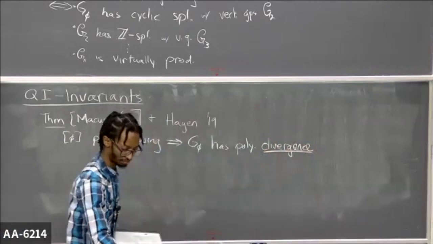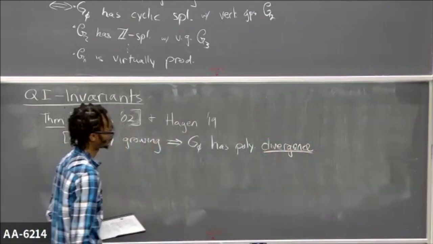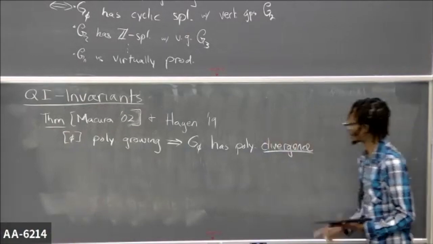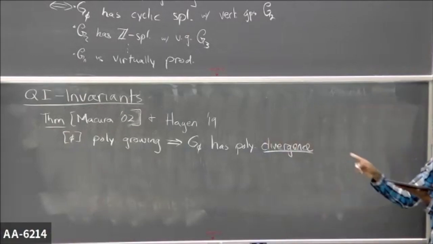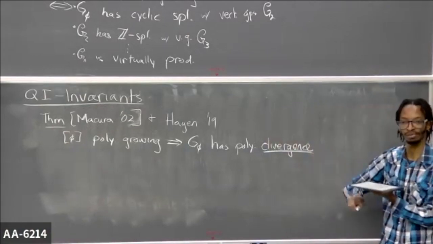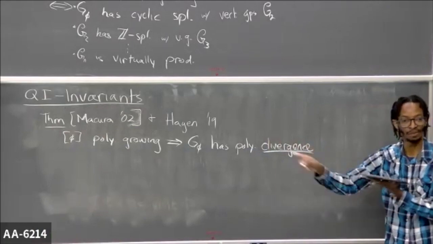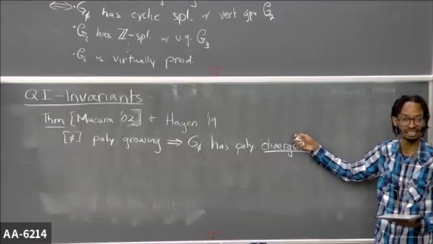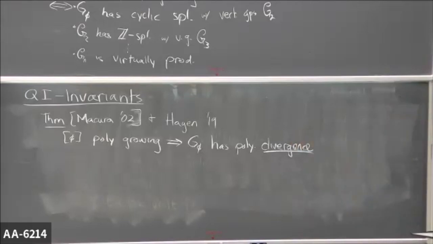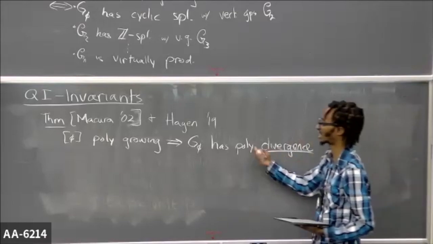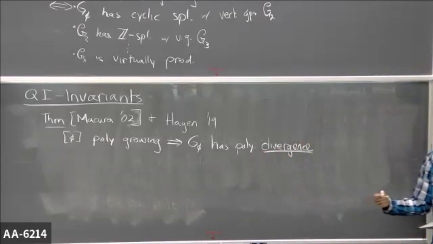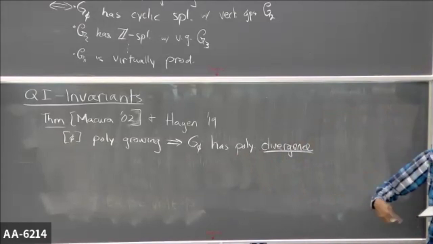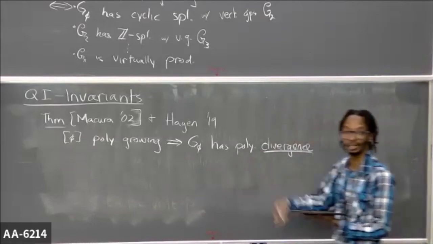Unfortunately, I don't have the time to define what divergence is here, but you're sort of trying to see how quickly geodesics, quasi-geodesics move apart. And so this is a natural QI invariant. That's the point that I want to make. It was introduced by Thurston essentially to distinguish the mapping torus of the identity map on a surface from the mapping torus of a Dehn twist up to quasi-isometry.